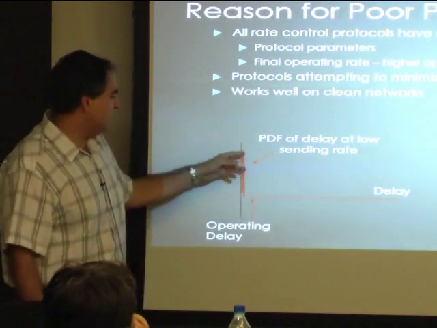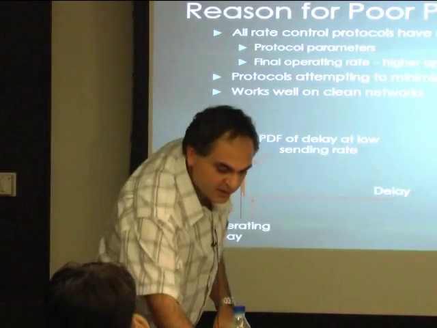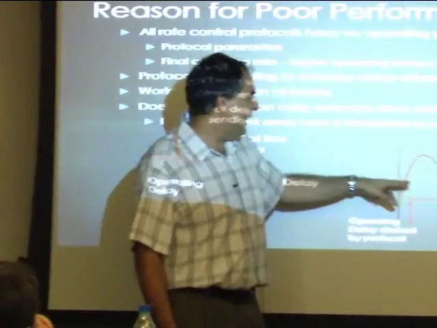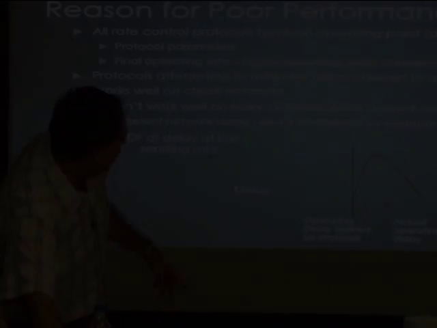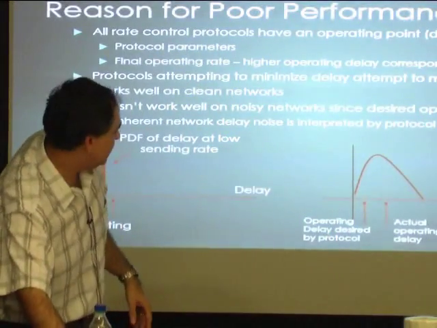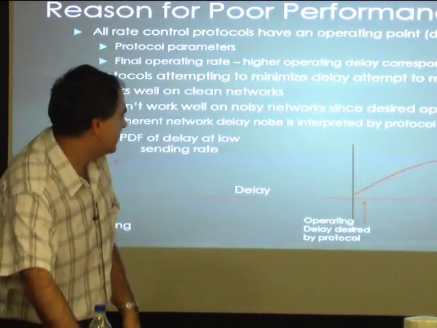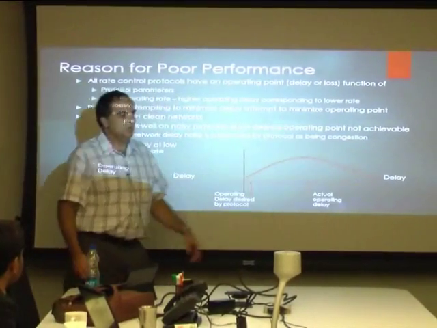If you do this on a clean network, you actually get full link utilization. But if you have a noisy network and you're still trying to achieve this operating delay point, then what's going to happen is the actual operating delay is much higher, right? Simply because of the distribution, and therefore you're going to confuse noise in delay for congestion. And this actually gets worse the noisier the network is. So you can actually be far off.